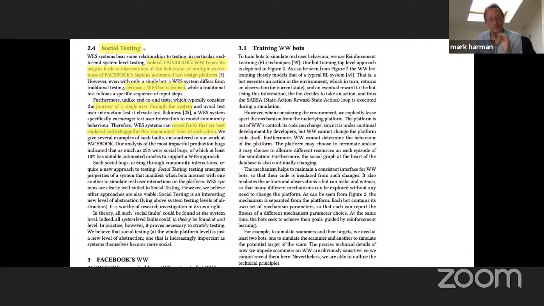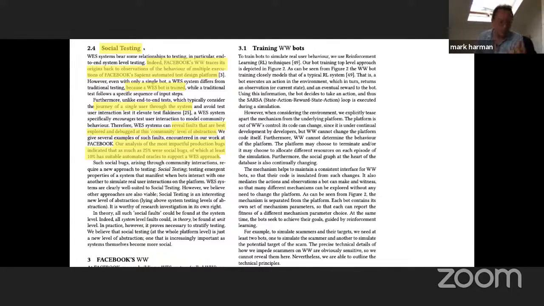But with social testing, what we're interested in is the kinds of faults that are best explored and debugged at the community level. So we did some initial research on this, and we found that approximately a quarter of the most impactful production bugs that we see at Facebook have this social character, the kind of thing where you don't really notice it when you're testing end to end, because one user's journey may be fine, but when you run at scale in production, suddenly you notice that some of your coarse top-level metrics, the percentages of messages sent, might change.